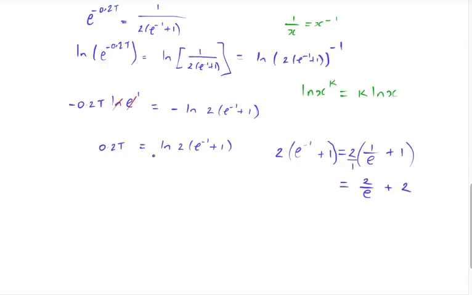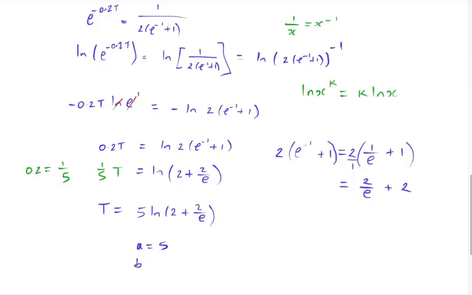Writing this first, this part now is ln of 2 plus 2 over e. And finally, to get t on its own, we divide by 0.2. It might be easier to see that 0.2 is equal to 1/5. So if we have 1/5 t equals this, to get rid of 1/5 we can just times both sides by 5. So the final answer is t equals 5 ln of 2 plus 2 over e. So our a is equal to 5 and our b is equal to 2.